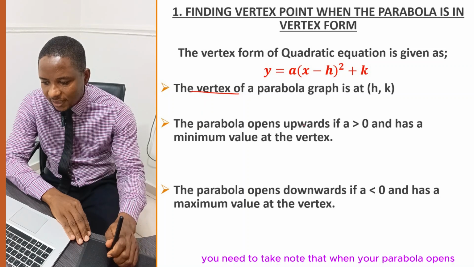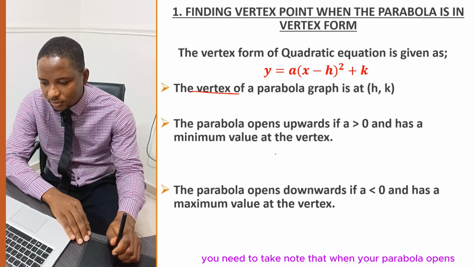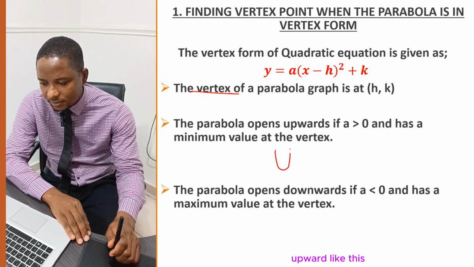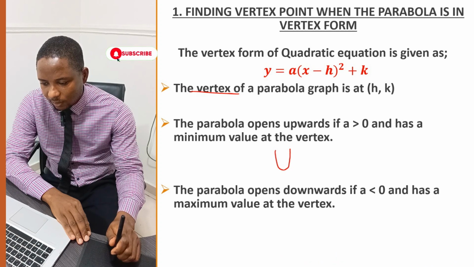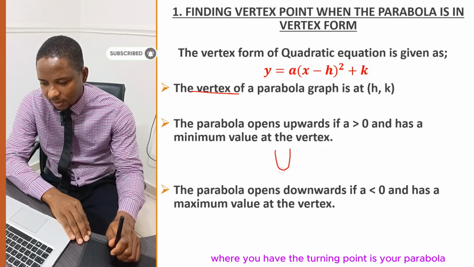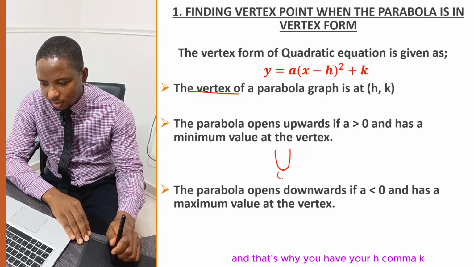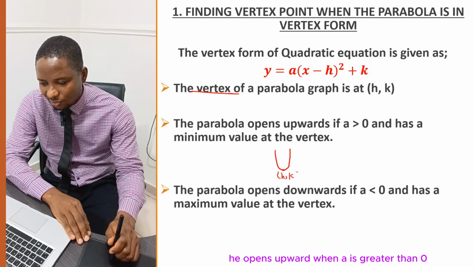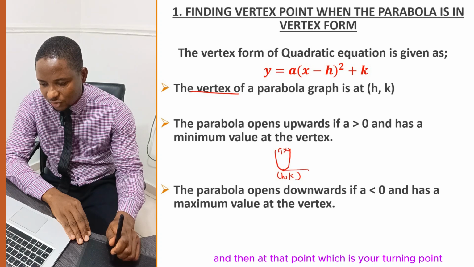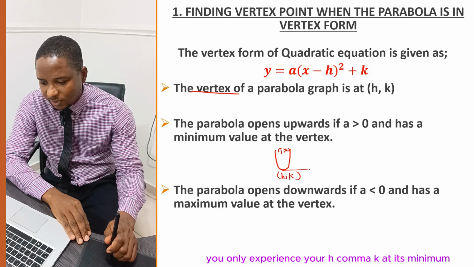Also you need to take note that when your parabola opens upward like this, where you have the turning point, that's where you have your h comma k. It opens upward when a is greater than 0, and at that turning point you experience your h comma k at its minimum.